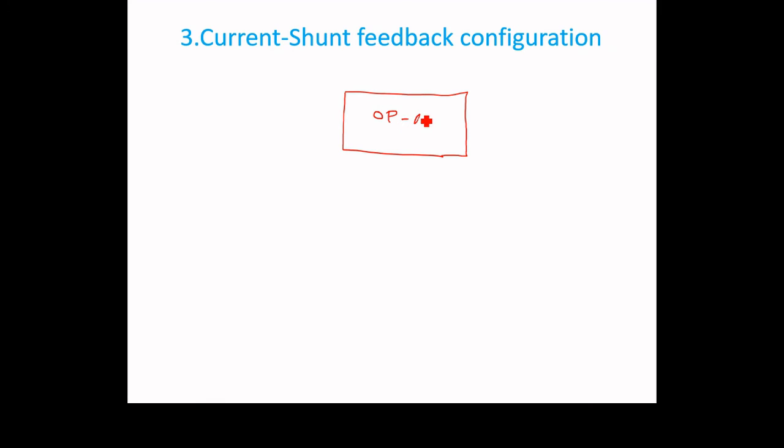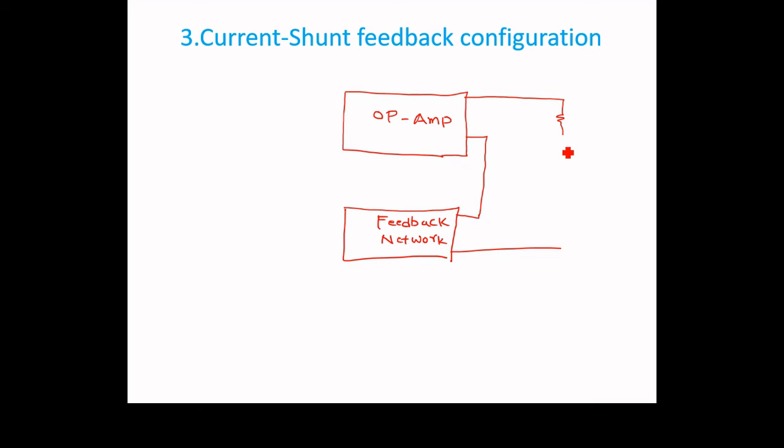So we will consider this op amp and feedback network. Now at the output, the connection from the output of the op amp to the input of the feedback network should be in series. Then only can we sample the current.